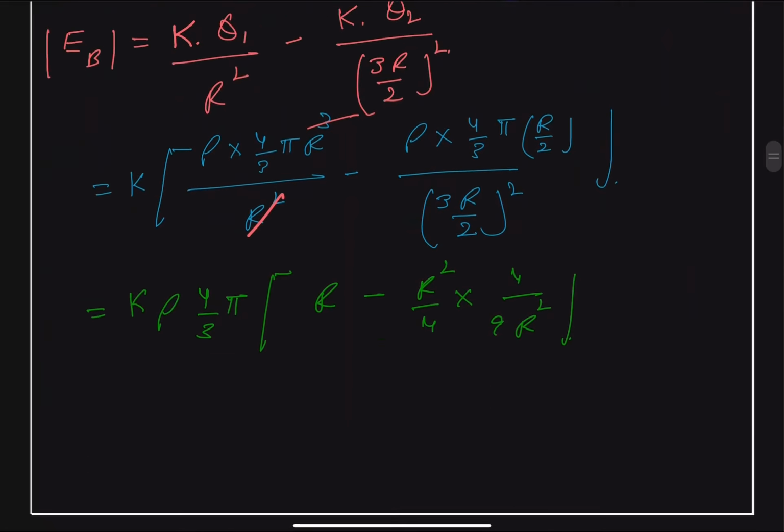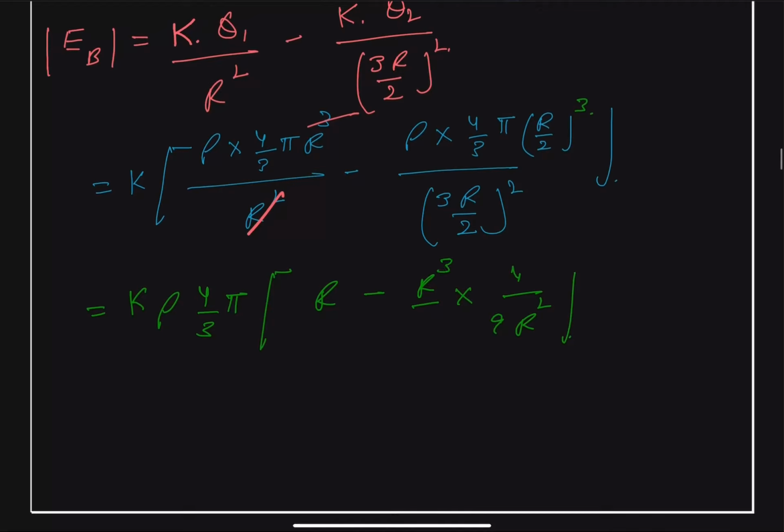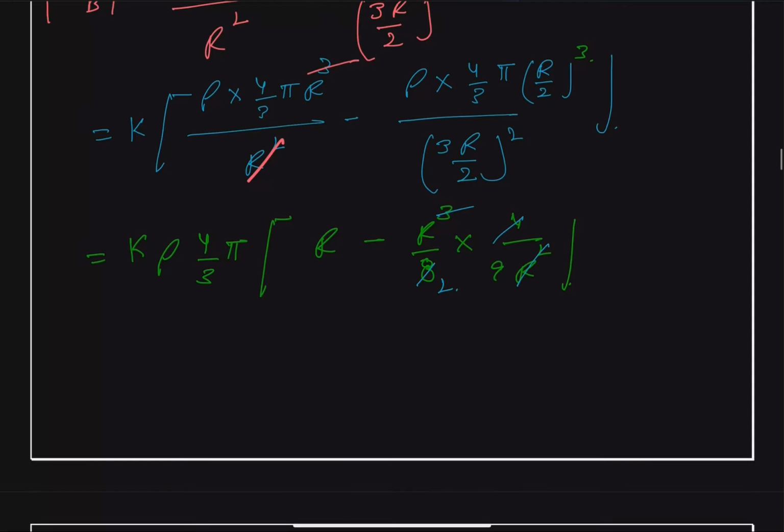So this comes as r cube over 8. The square goes against the cube and 8 goes by 2, so we can take r also common.